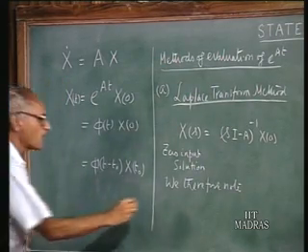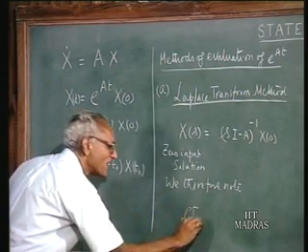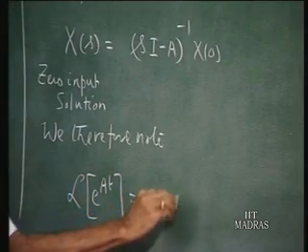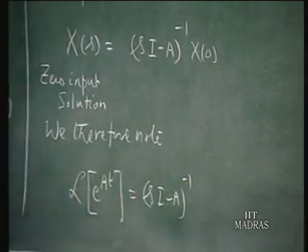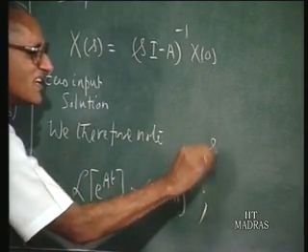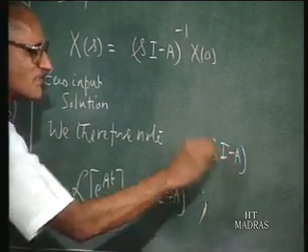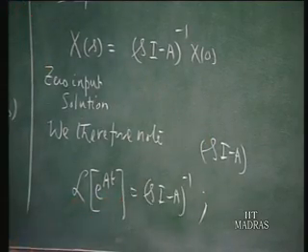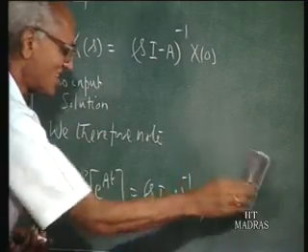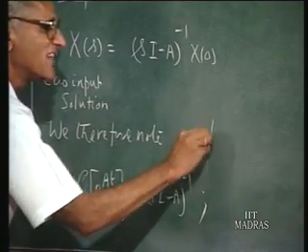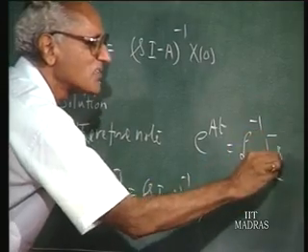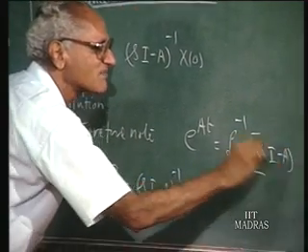So the Laplace transform of e to the power of at is si minus a inverse, that is what we have said. Therefore, to get e to the power of at is the inverse Laplace transform of si minus a inverse.